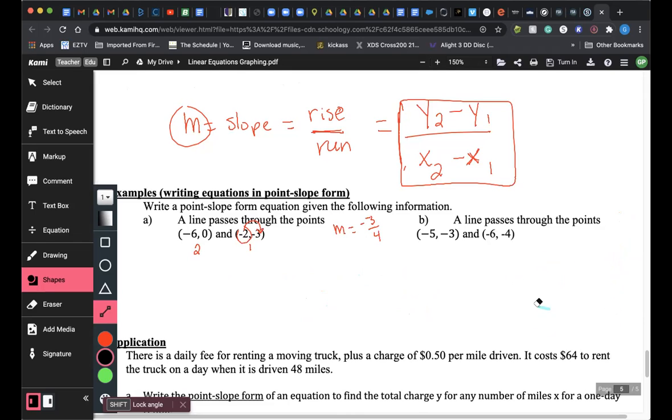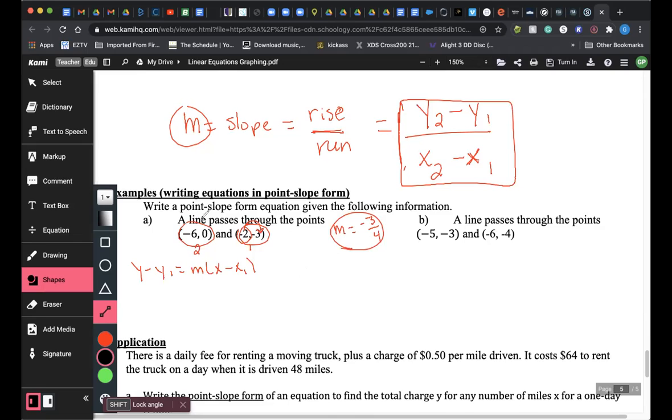So our point slope formula again is this: y minus y1 is equal to m times x minus x1. So we have our slope. And again, we can use either one of these points. It doesn't matter which point we use, we're still gonna get the same answer.